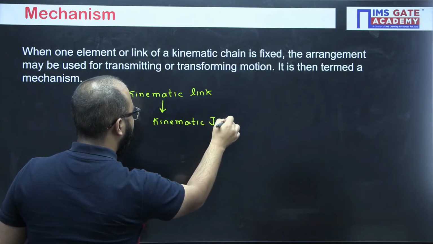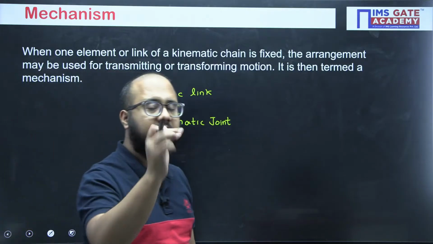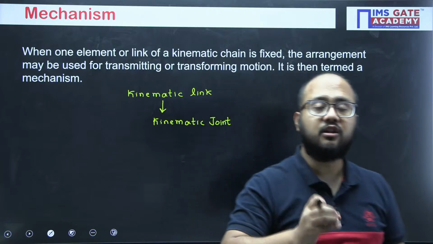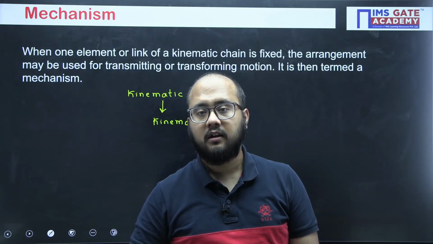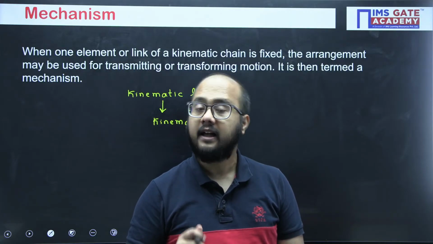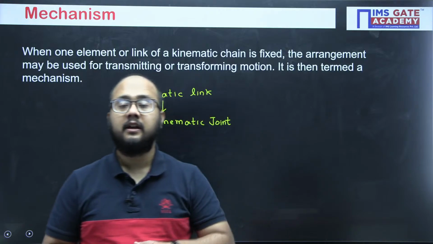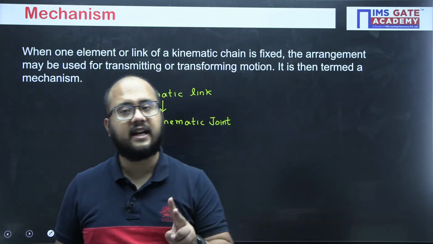And kinematic joint classification also we have done based on number of links get connected, based on nature of contact, based on type of relative motion, based on type of closure. I hope this is clear, everyone. How many links get connected? First, basis of classification.